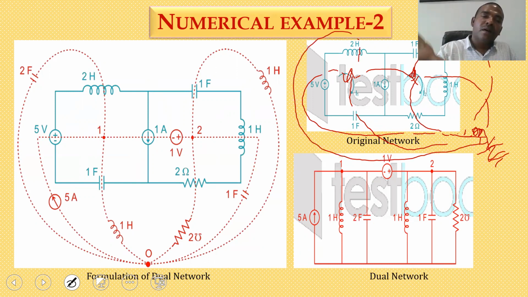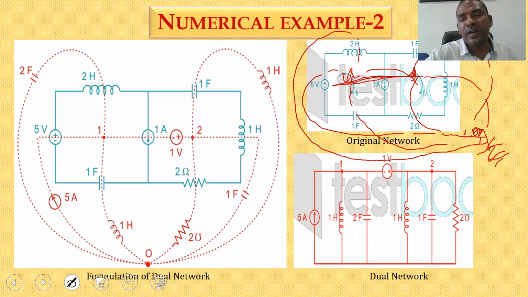So the series elements are formed as parallel. The inductor is replaced by a capacitor, the capacitor is replaced by an inductor, the resistor is replaced by a conductor, the current source is replaced by a voltage source, and the voltage source is replaced by a current source. Here only two nodes are there.